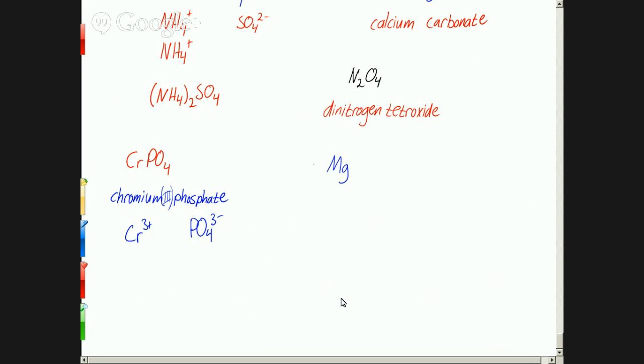All right, what was I going to write here? Magnesium something. Mg3N2, let's give a name for this one.